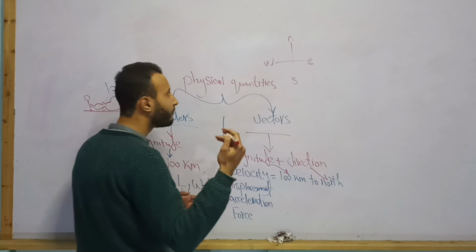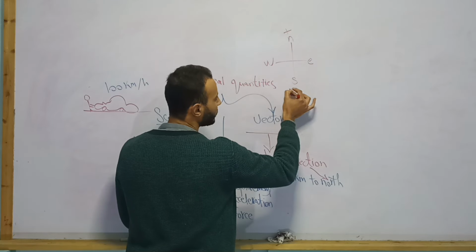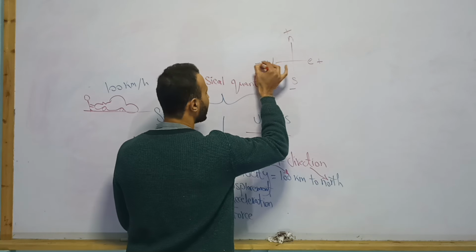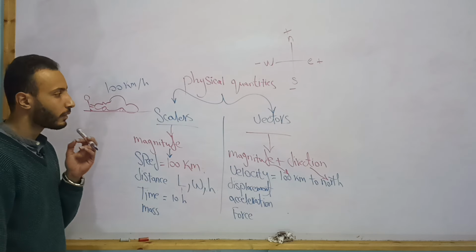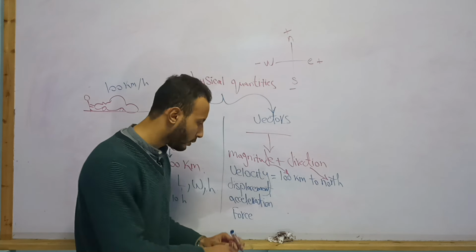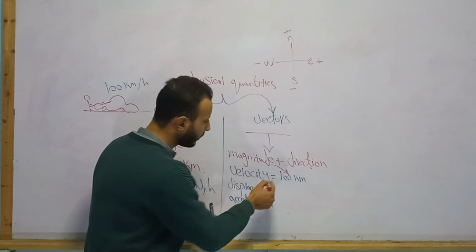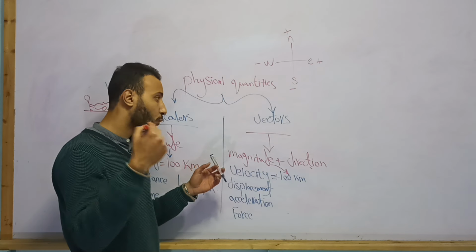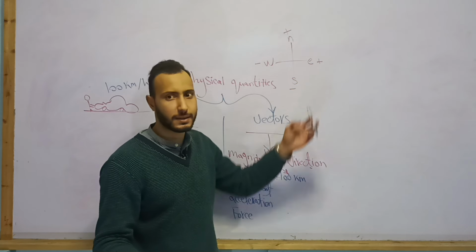We mentioned before that north takes the positive sign, south takes the negative, east takes the positive, and west takes the negative sign. So instead of 100 kilometers to the north, you can write just positive 100.